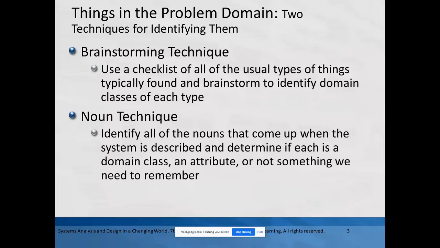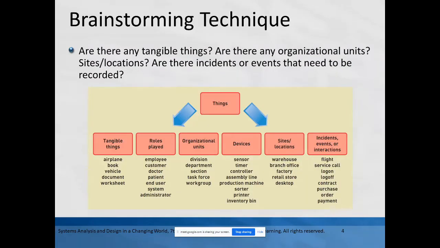And when you have all of this information, to simply look through all of that and look at all of the nouns is a pretty straightforward process. As we'll get into later, there are some pitfalls to it, but those generally are overcome with experience. People, as they start to learn how to identify proper nouns, ones that really should be entities, or as the author calls them, domain classes, it tends to smooth out, and it is an iterative process. So let's start with the brainstorming technique.